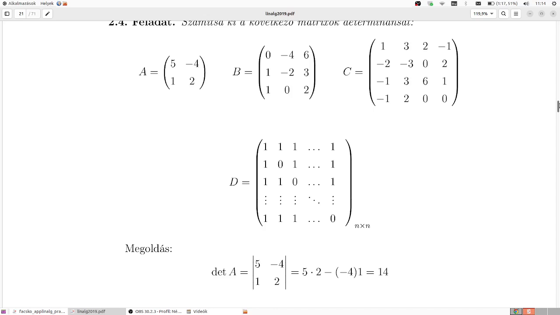It will record only one step. Sorry, what was the question? So we have to calculate this determinant very quickly. It's too big.